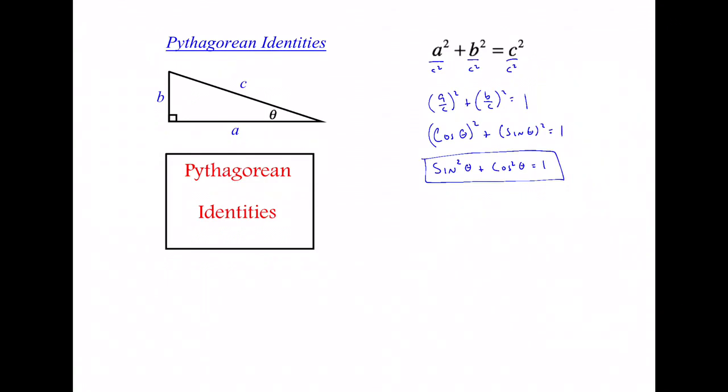Now we're going to take this and divide the whole thing. Let me rewrite it real quick. By sine squared. So if we divide everything by sine squared, we will create another Pythagorean identity. So sine squared divided by sine squared is 1. Cosine divided by sine, we just did that one.